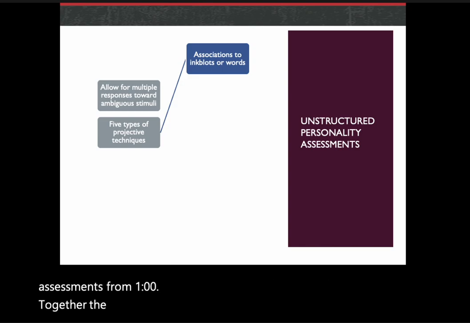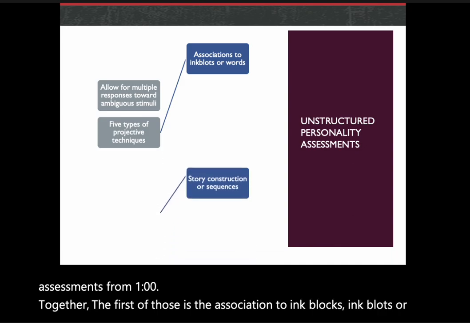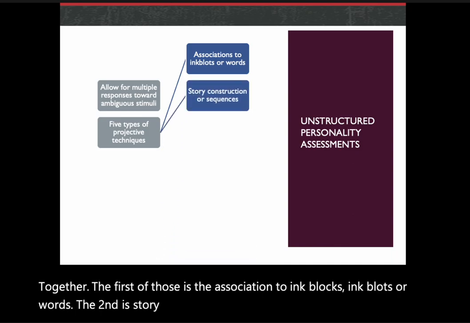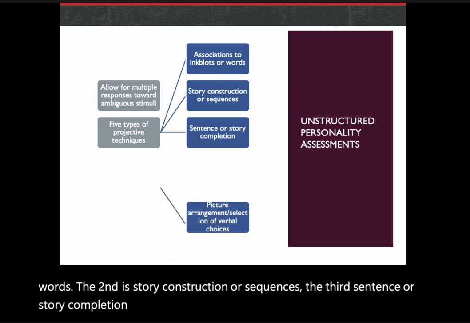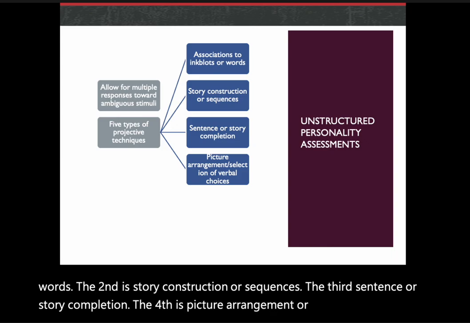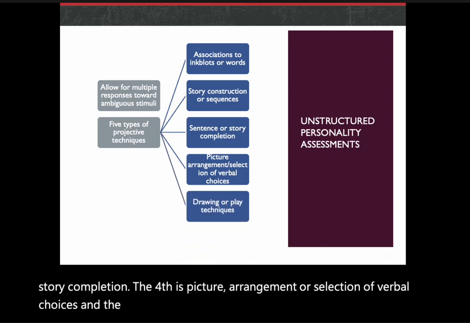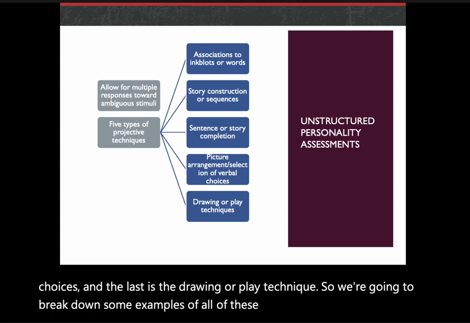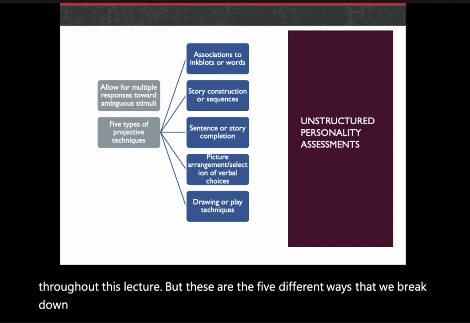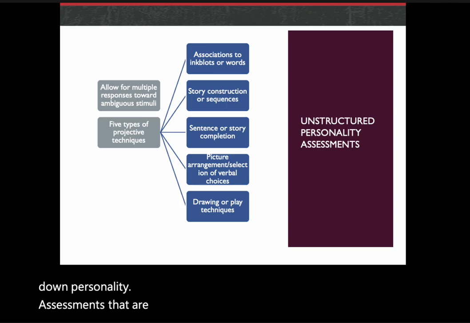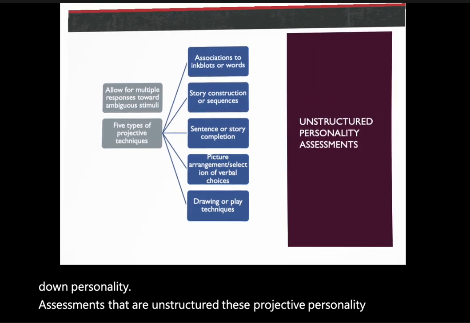The first is the association to ink blots or words. The second is story construction or sequences. The third is sentence or story completion. The fourth is picture arrangement or selection of verbal choices. And the last is the drawing or play techniques. We're going to break down some examples of all of these in the next few slides throughout this lecture. These are the 5 different ways that we break down unstructured, projective personality assessments.